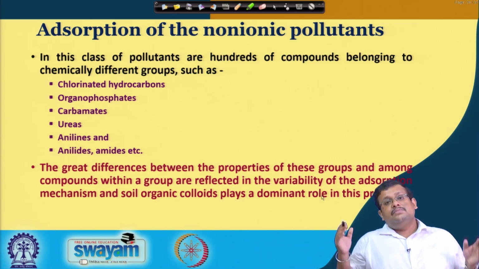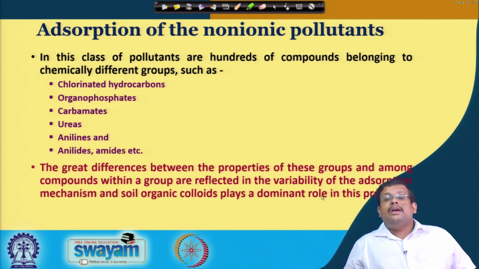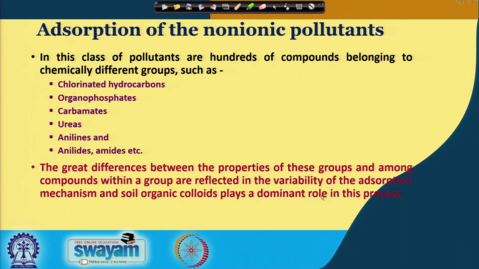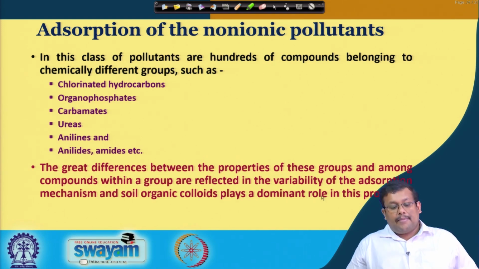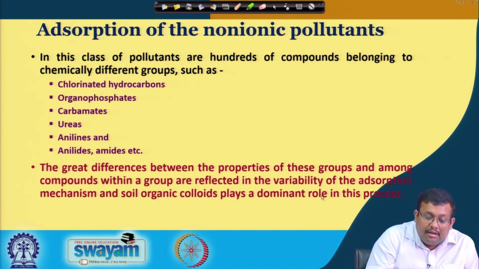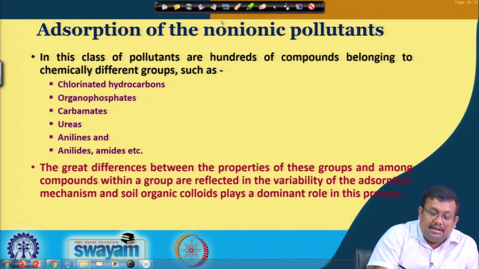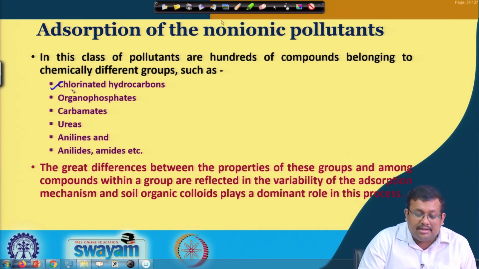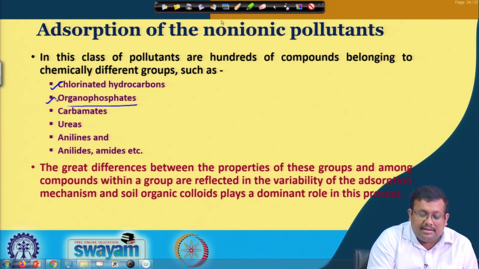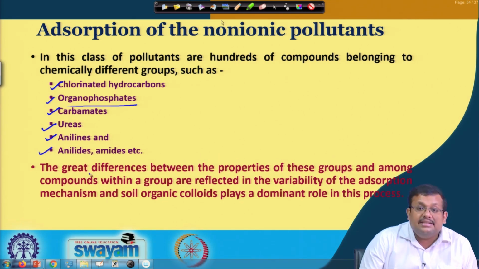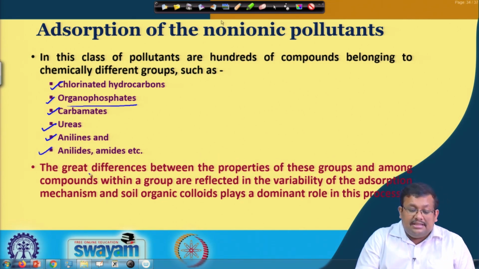If we consider the non-ionic pollutants, what are the important non-ionic pollutants? In this class of pollutants, hundreds of compounds belong to chemically different groups, like, as you can see here, chlorinated hydrocarbons, then organophosphates, carbamates, ureas, anilines and anilides, amides, etc. These are examples of non-ionic pollutants.